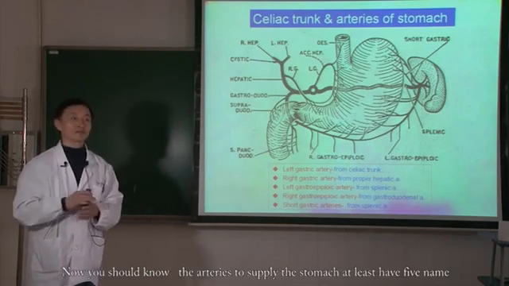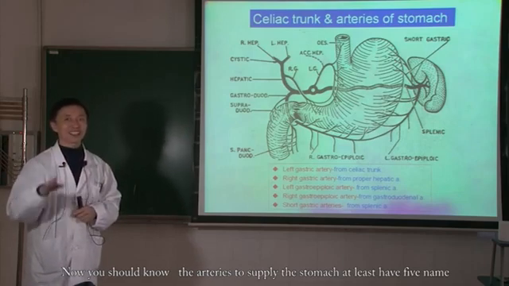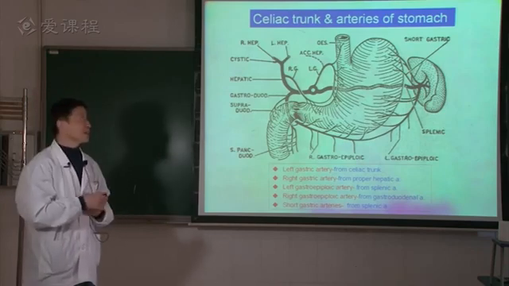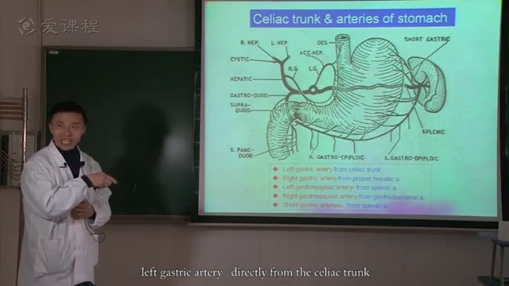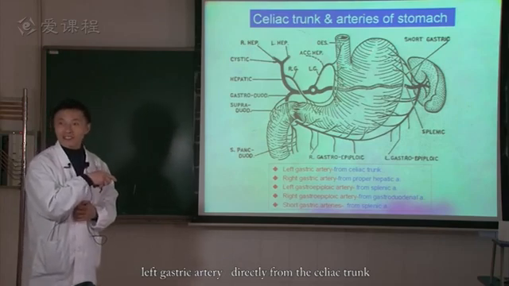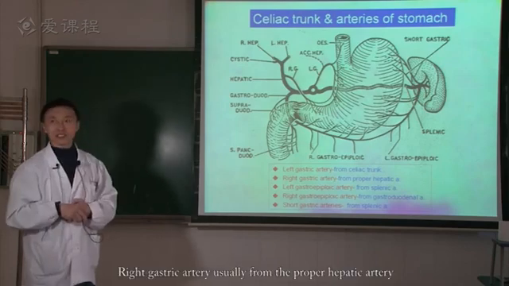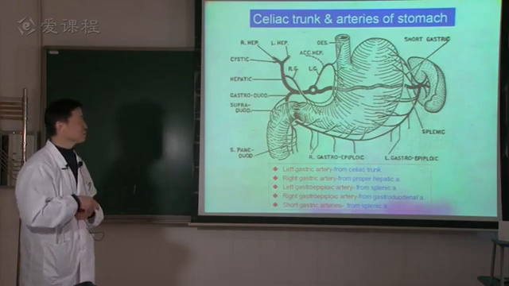Now you should know the arteries supplying the stomach have at least 5 names. The left gastric artery comes directly from the celiac trunk. The right gastric artery usually comes from the proper hepatic artery.